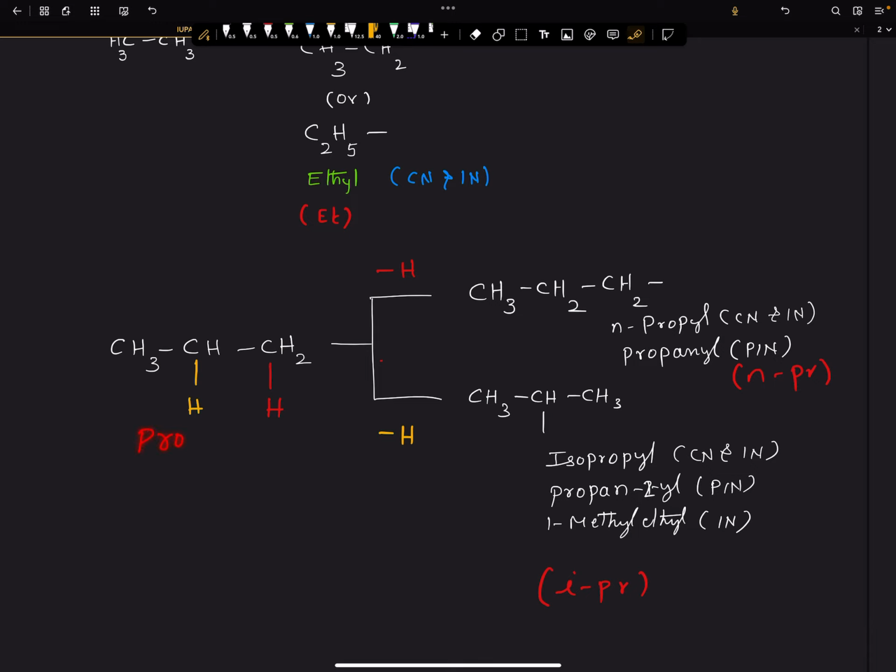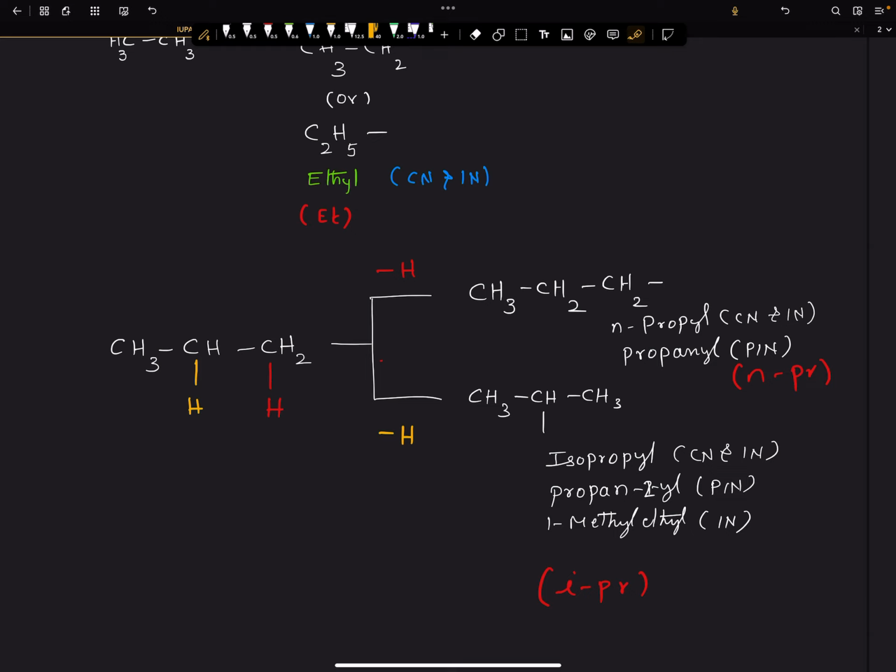Here it is propane, CH3 CH2 CH3. If a primary hydrogen is removed, which is present on a primary carbon, then CH3 CH2 CH2 is called n-propyl, which is the common name as well as IUPAC name, or it is called propanyl, which is the preferred IUPAC name.